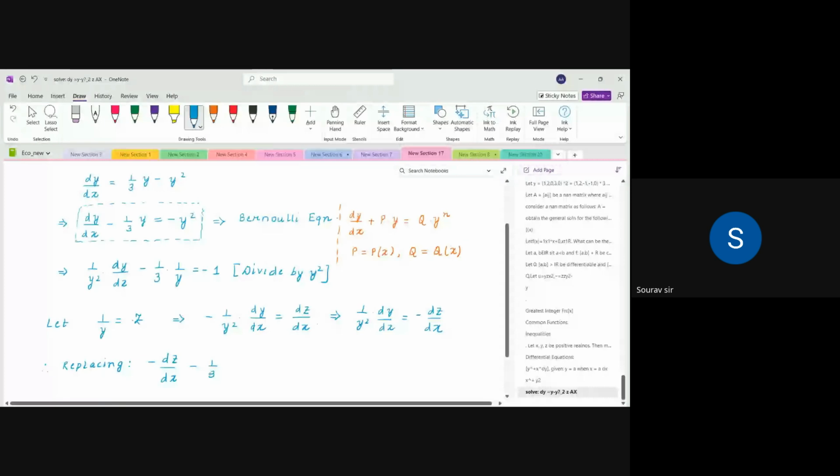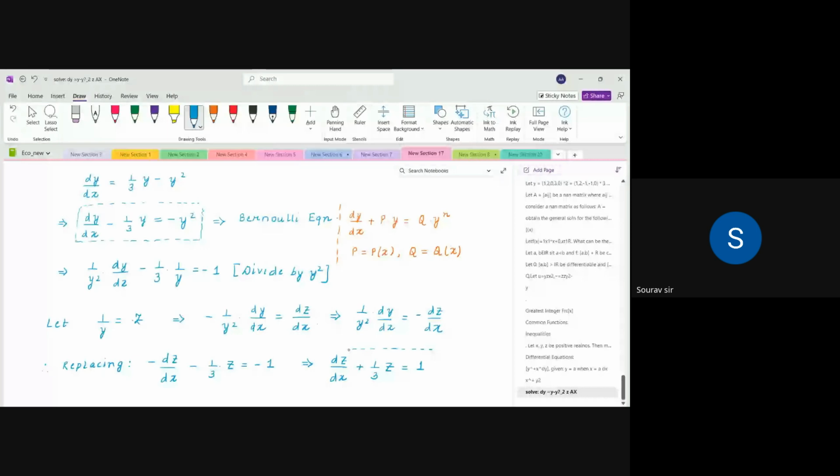So if you replace this over here, this will be minus dz by dx minus 1 by 3 z is equal to minus 1. So you can get rid of all the minuses. So dz by dx plus 1 by 3 z is equal to 1.